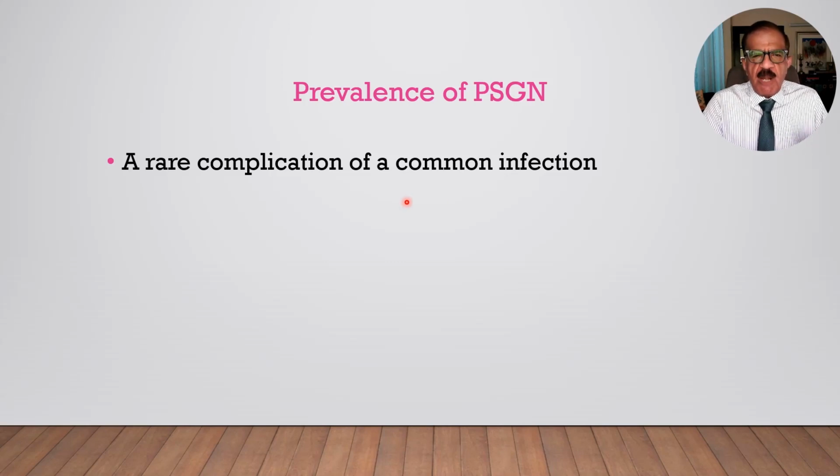So streptococcal pharyngitis and, in some cases, streptococcal skin infection called impetigo can lead on to post-streptococcal glomerulonephritis.